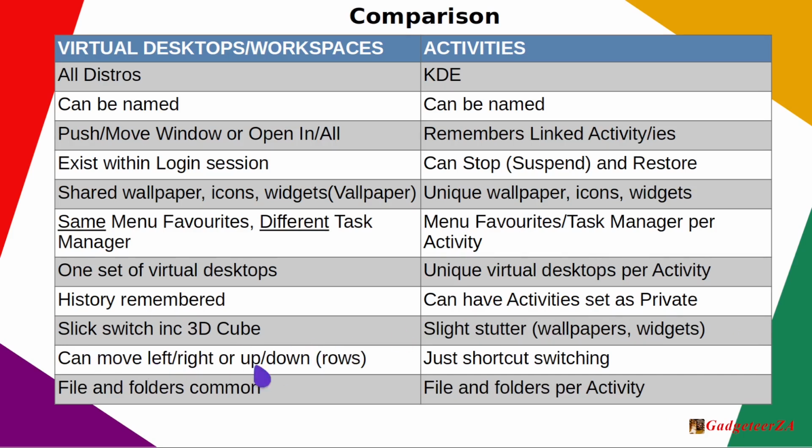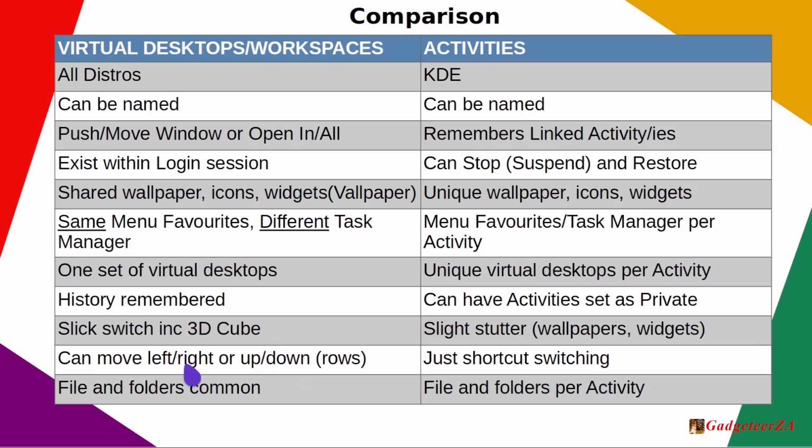The other thing that's interesting with virtual desktops, and it's unique to virtual desktops, is it's not just desktops arranged next to each other, 1, 2, 3, horizontally left and right of each other. You can also set desktops to be in rows. So you could have 3 wide and, say, 2 rows high.